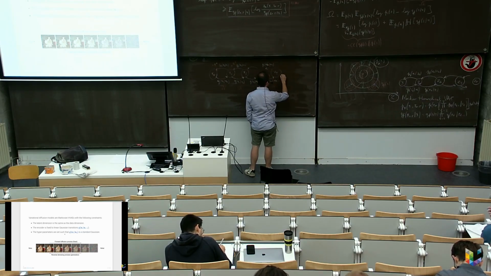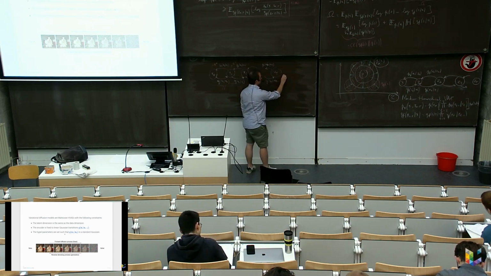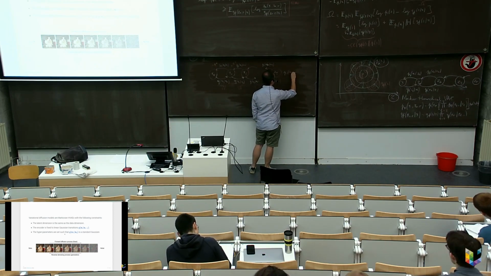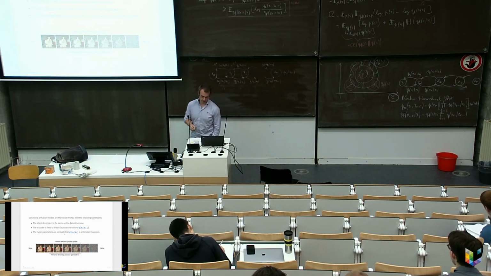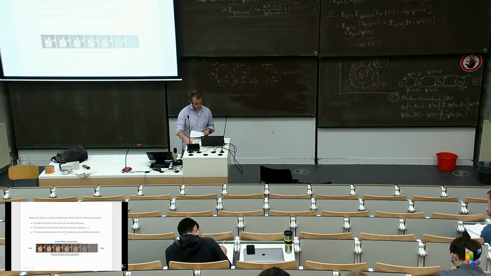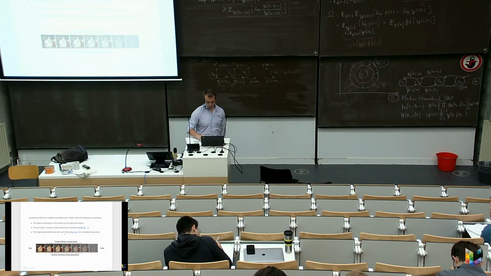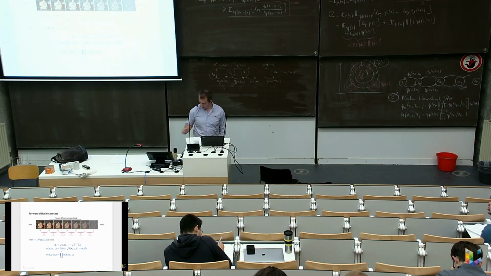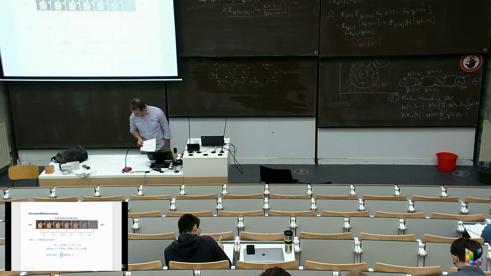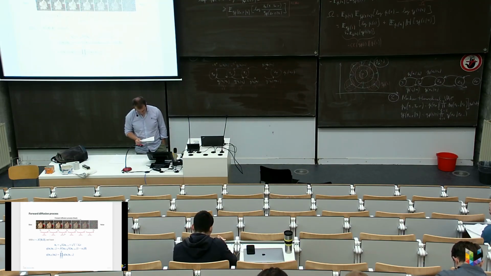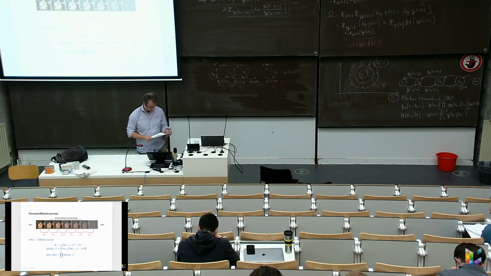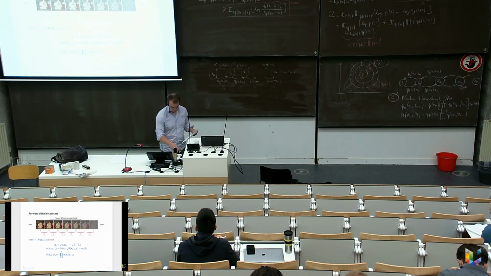And finally, we would also have a prior that comes with xt, which would be p of xt. Okay, so far for everyone?